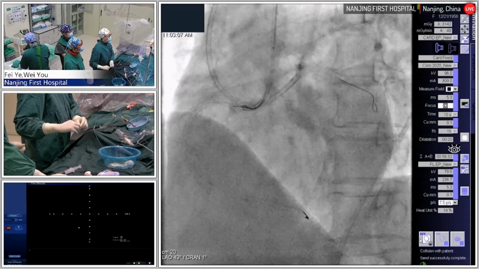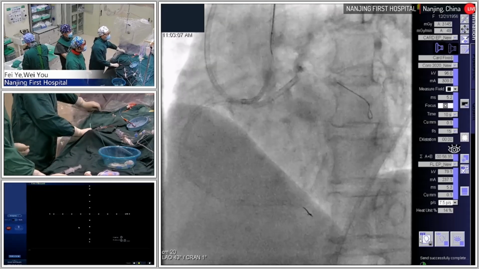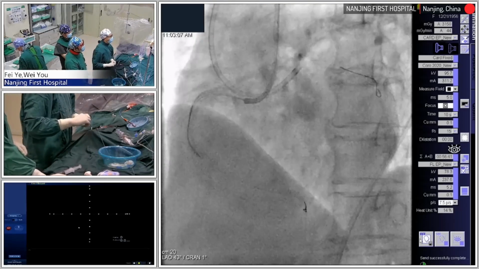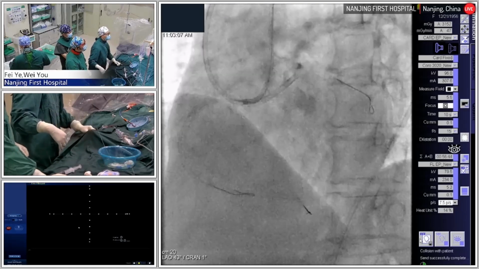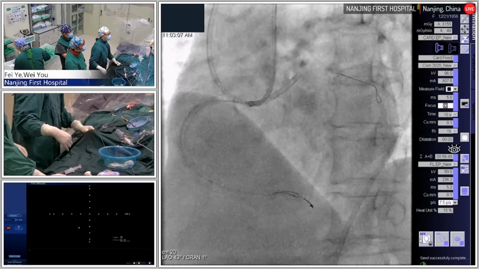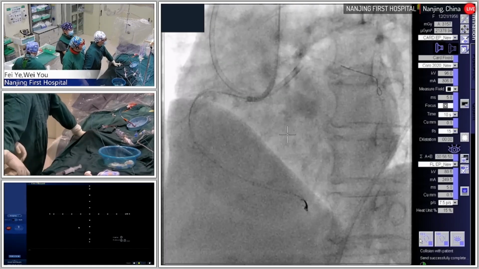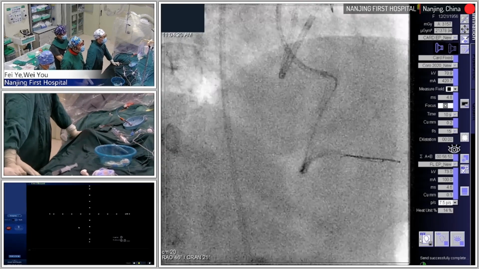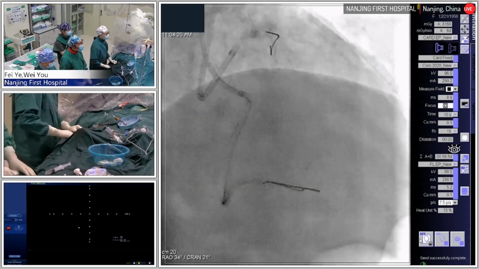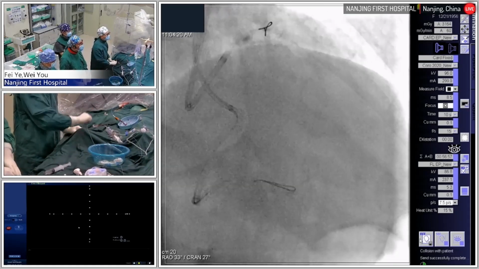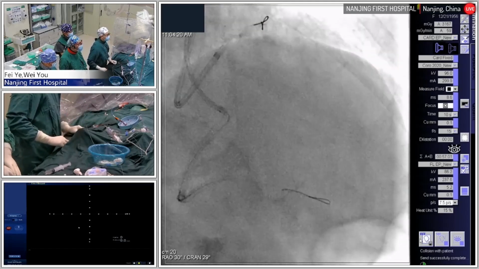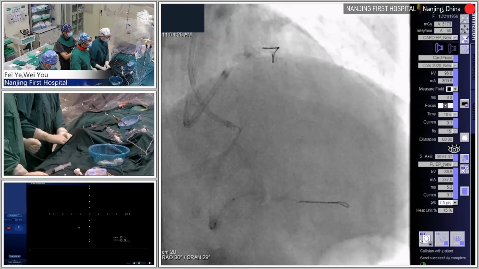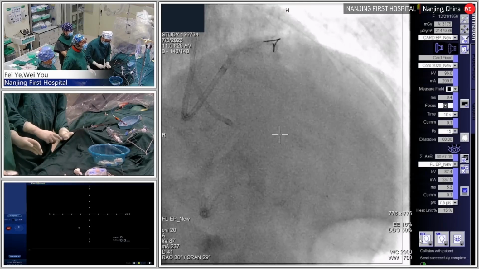I don't use the previous wire in RCA because I think maybe there is some damage to the wire. Same position. Okay, give me the same wire.